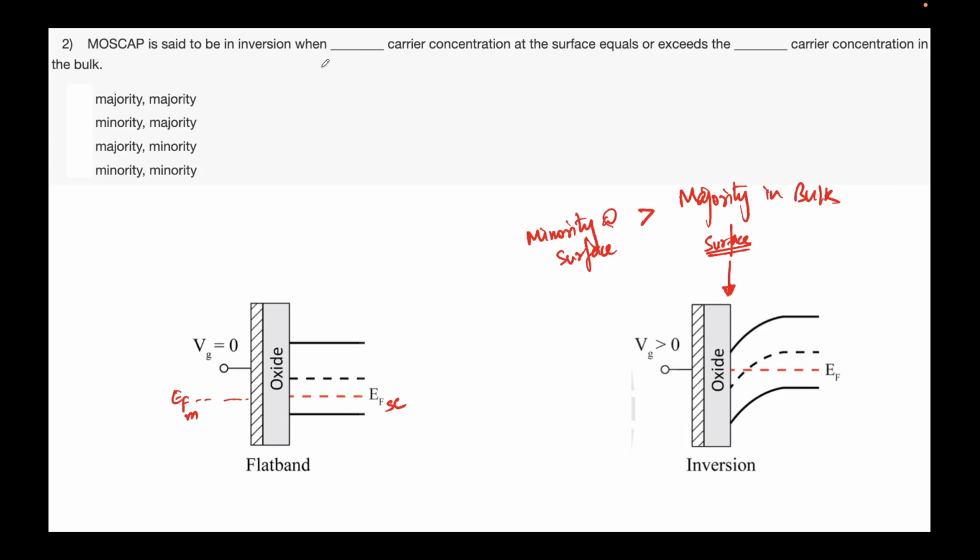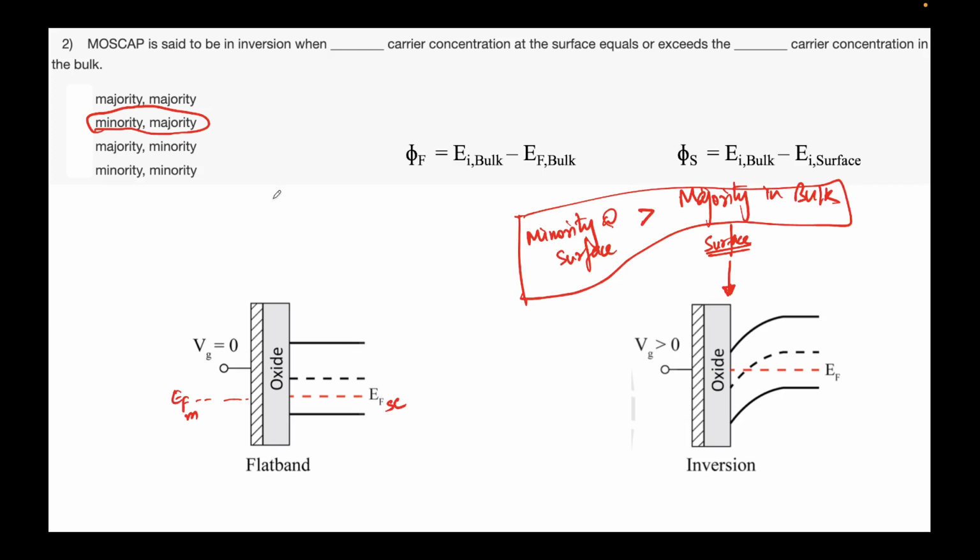That is what we define as inversion. So this is the definition of inversion. The bias at which this happens is where the minority concentration at the surface is greater than the majority concentration in the bulk. So the correct option will be when the minority concentration at the surface equals or exceeds the majority. So this one.